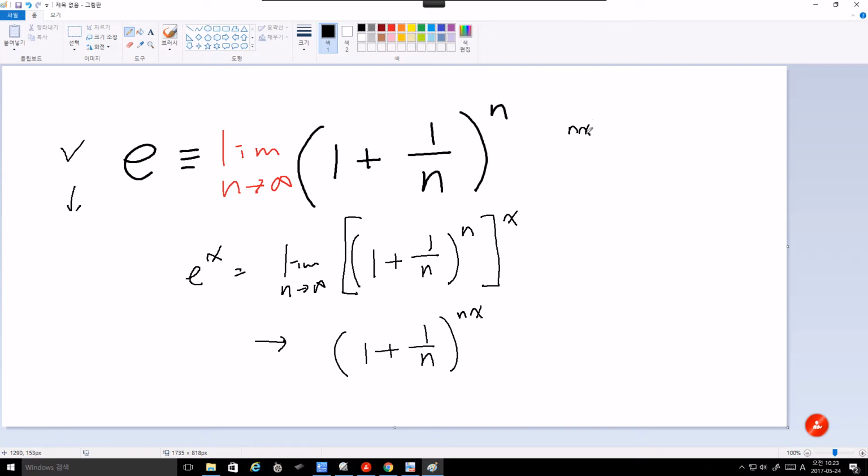Now let's change this nx part. This nx equals some sort of t. Then n is simply t over x.